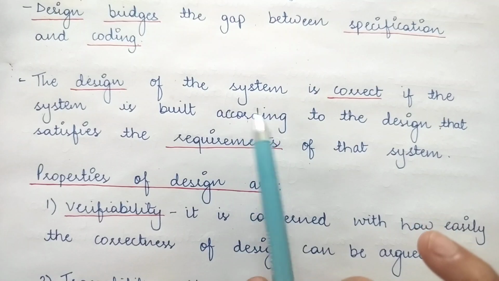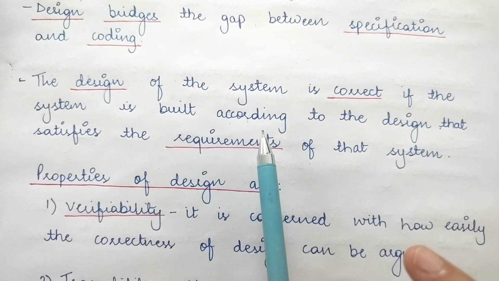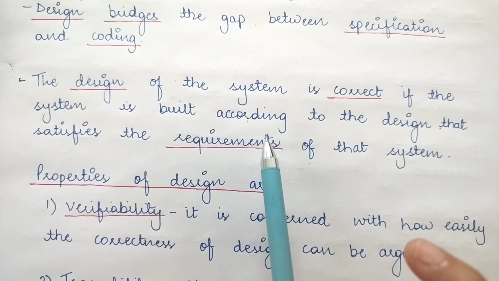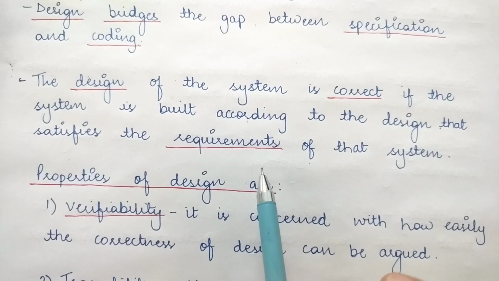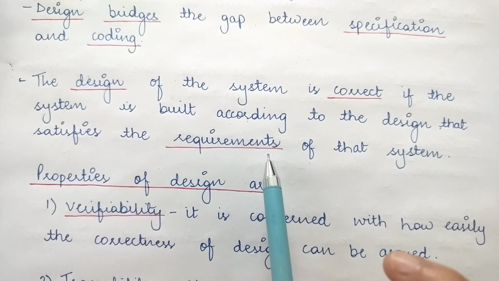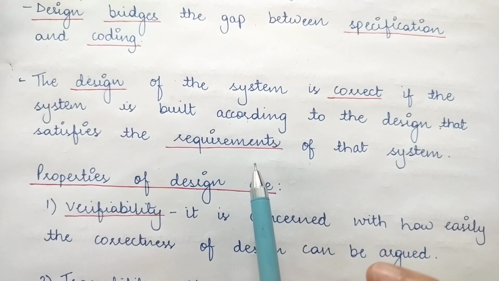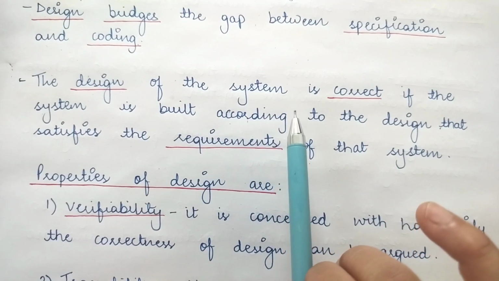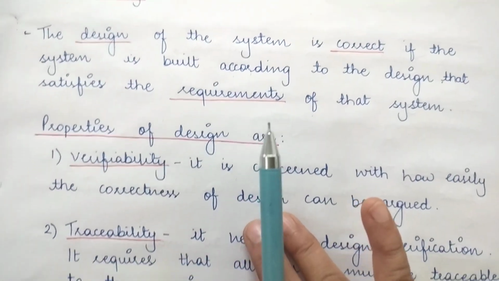So a design of the system is said to be correct if this particular design is built according to the criteria that satisfies the requirements of the system. Whatever are the requirements from that particular information system, if the design is satisfying all those criteria, then we can say that the design of the system is correct.